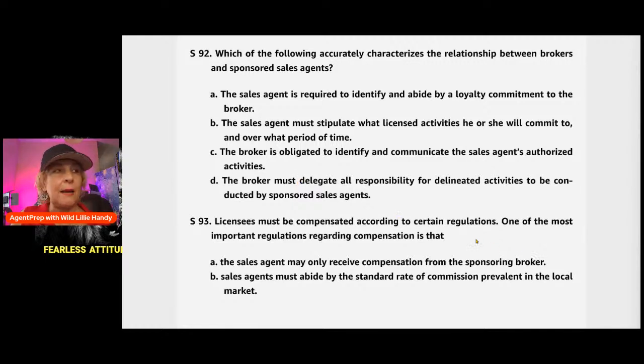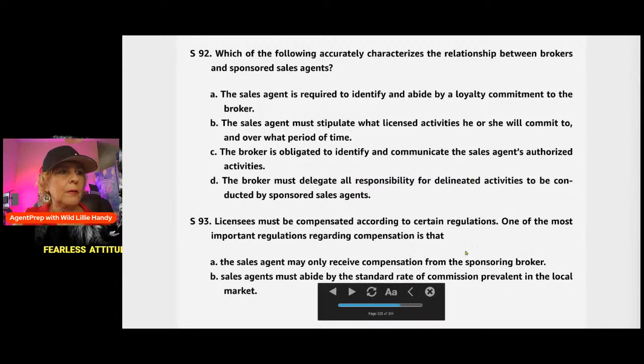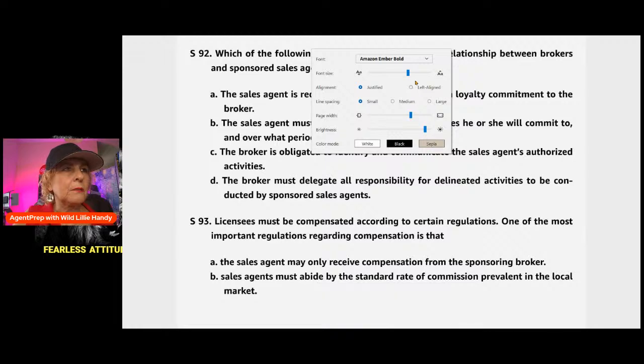Not everything is absolute. So here, those two that have the must in it would not be correct. That would be a little trigger keyword to let you know, no. So it's either sales agent is required or the broker is obligated. Okay, number 93. Got it?